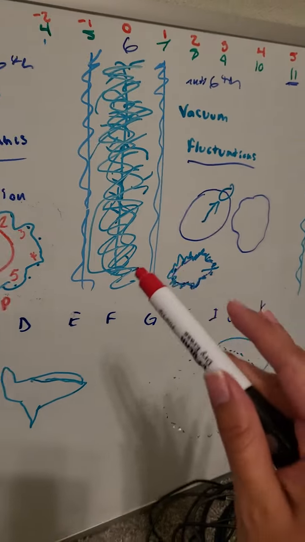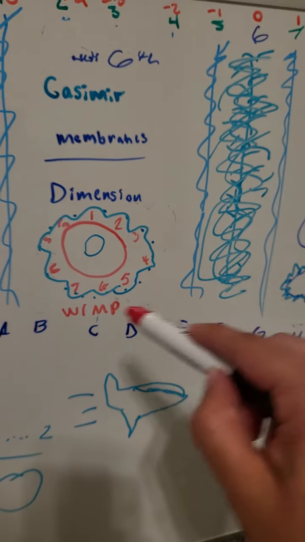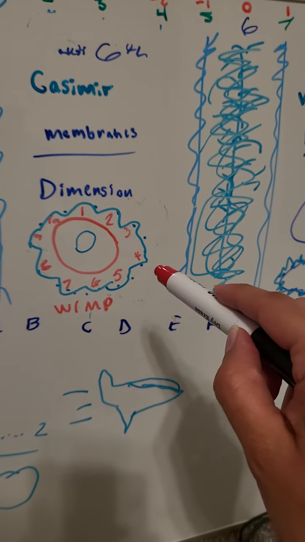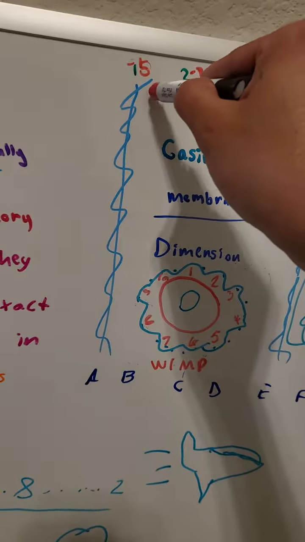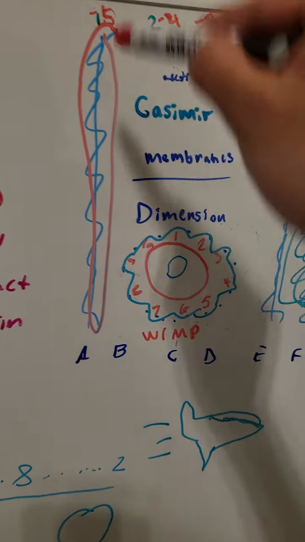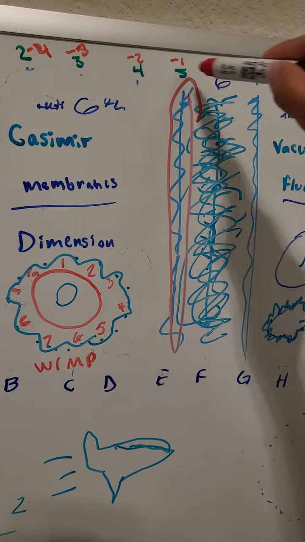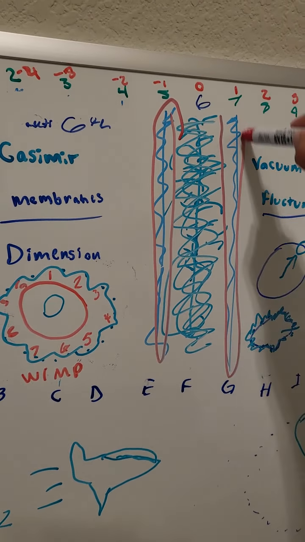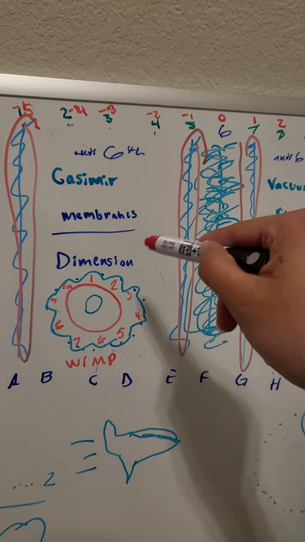Maybe that's too advanced for people. But I'm saying everything coalesces into a circular shape. You have to realize that. As I said with this, you have to understand that these dimensions right here, these Casimir membranes, act as Casimir plates.